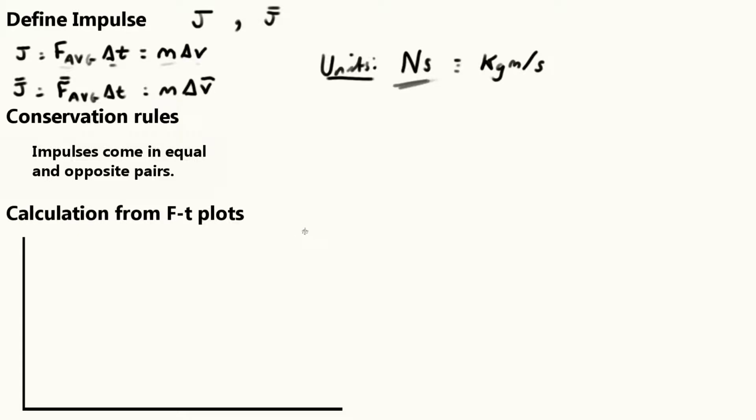One really useful thing about the impulse is it can be calculated from FT plots, where in this case we're going to have the force with the units in newtons going in the y direction, the origin here, and then down here we have the time with the units seconds.